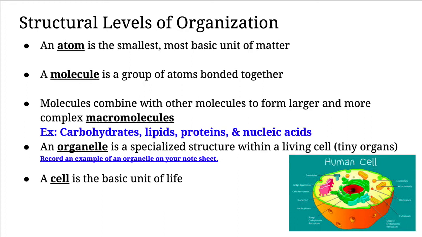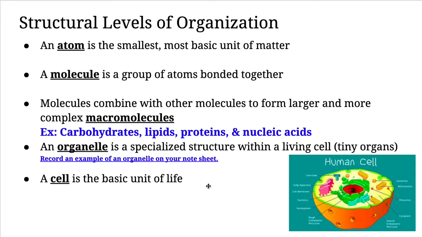On your note document, it gives you a spot where I'd like you to record the name of an organelle. Hopefully you remember some of the organelles in a cell. If not, you can refer down to this little picture here in the corner. Hopefully you can read those. If not, maybe just Google or phone a friend, something like that, and figure out the name of an organelle.